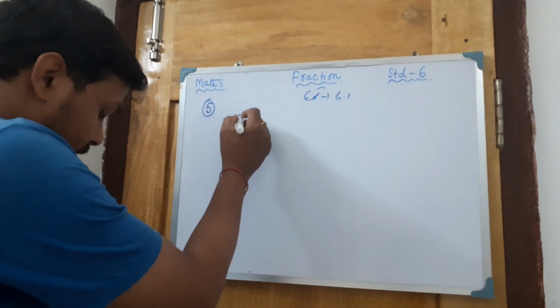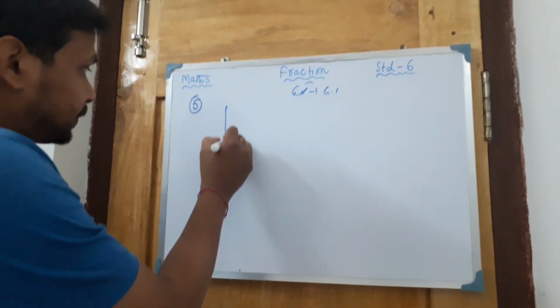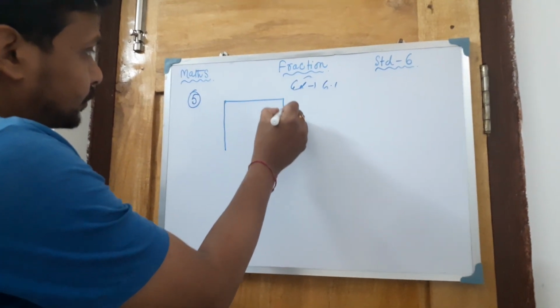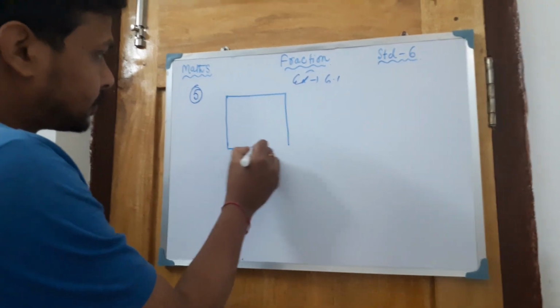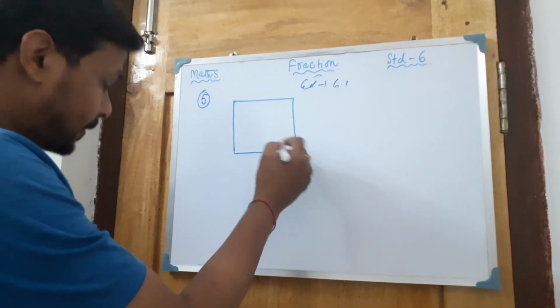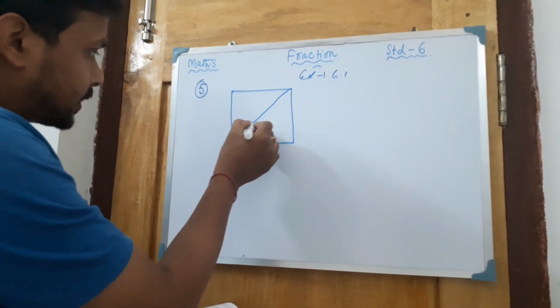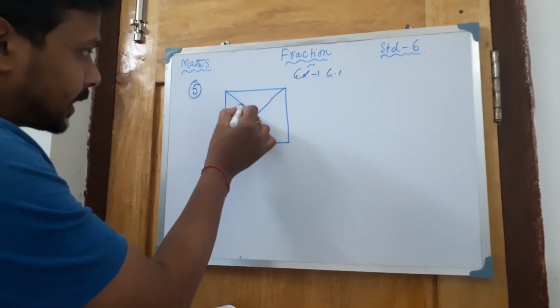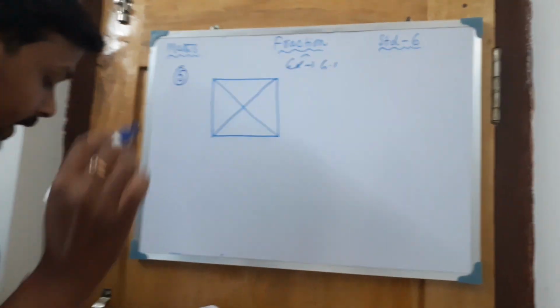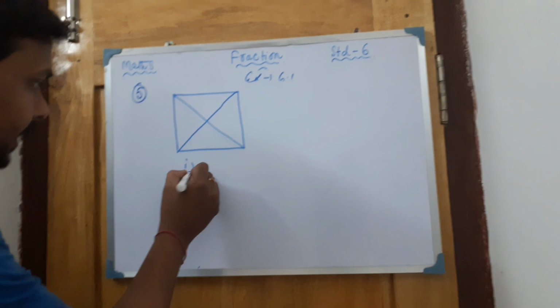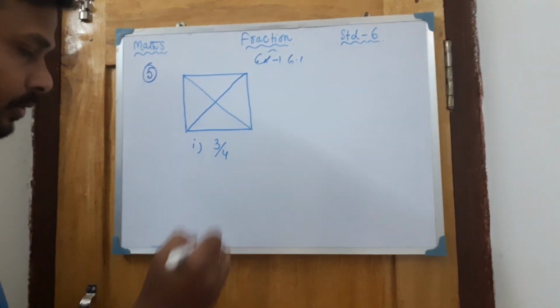Okay, one square is given to you. First question, this is the square. Okay, and these are known as the diagonals. These are the diagonals of the square. Now the question is given: 3 by 4.